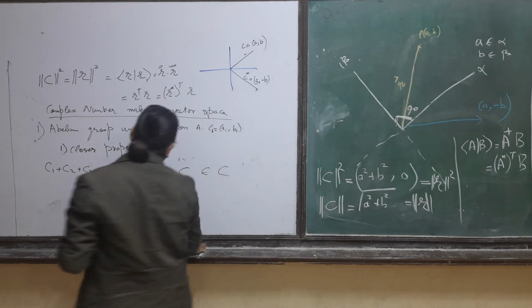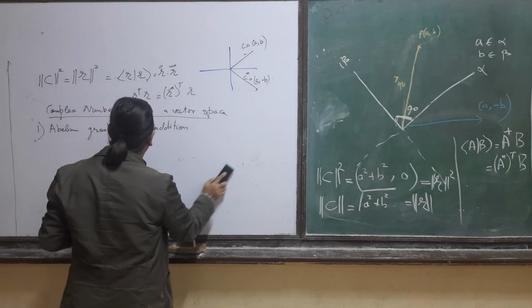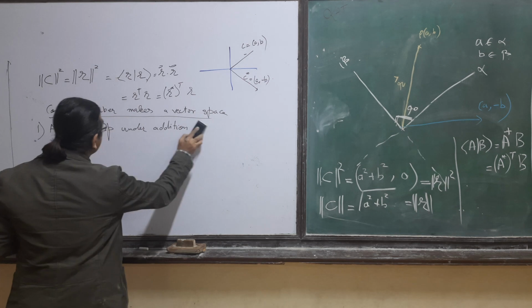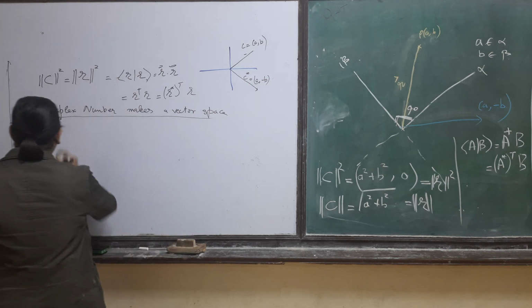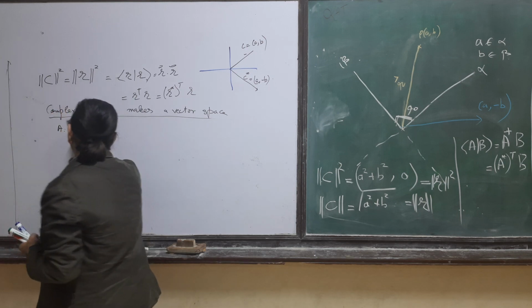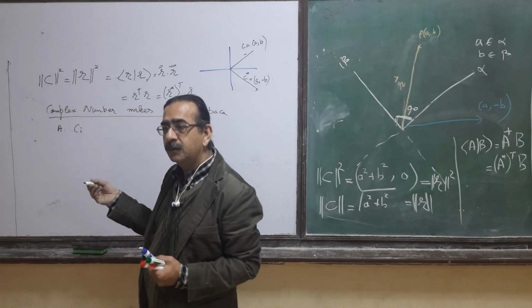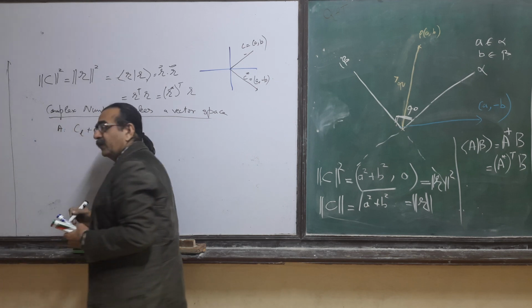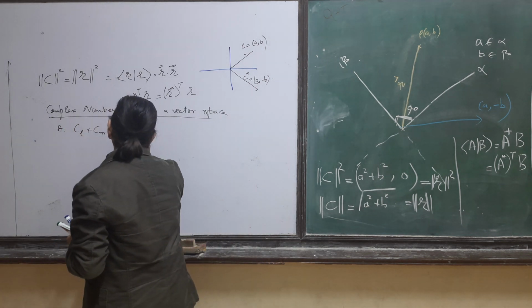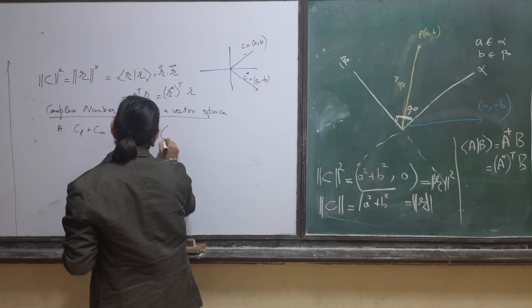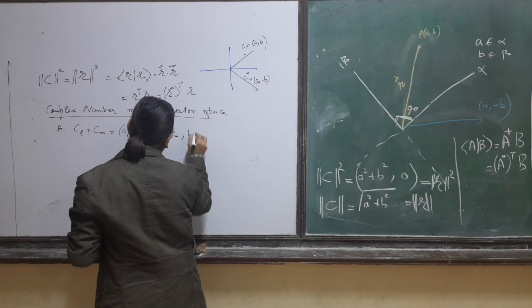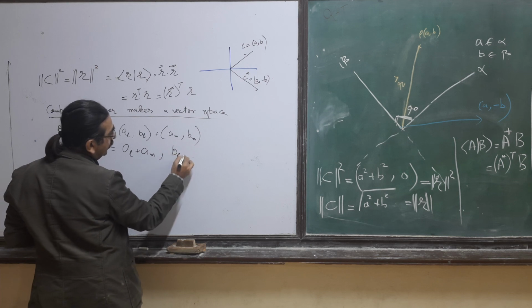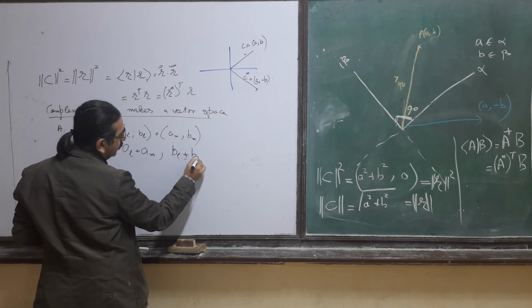If Ci is (Ai, Bi), and let's suppose these are Cl and Cm, then they add as (Al, Bl) plus (Am, Bm), which gives (Al plus Am, Bl plus Bm).